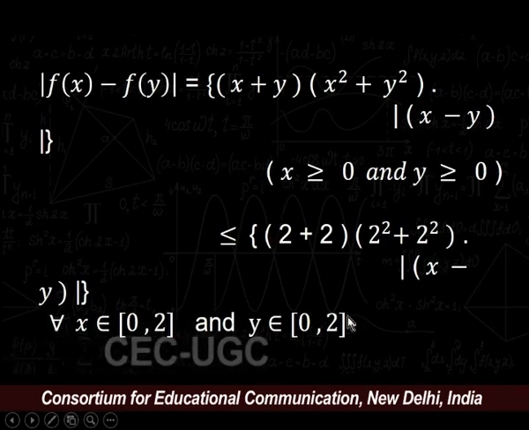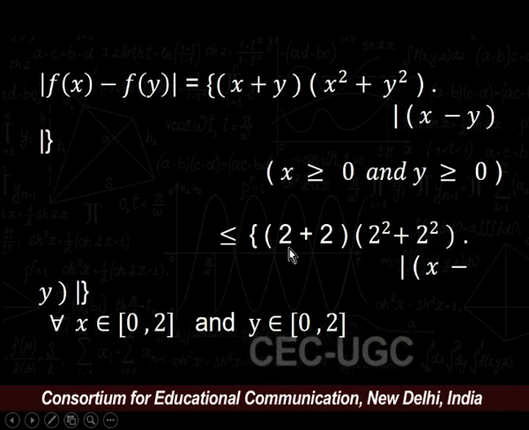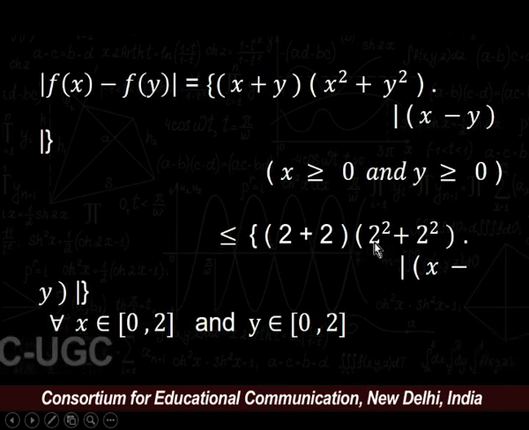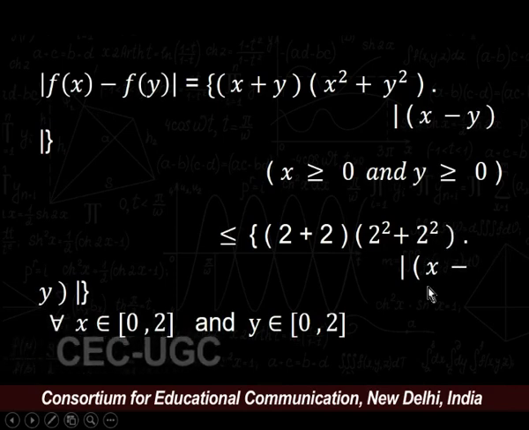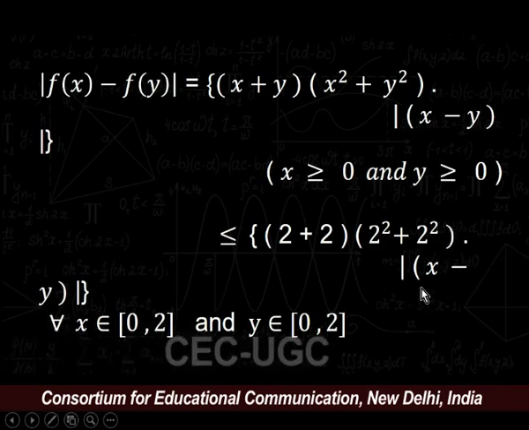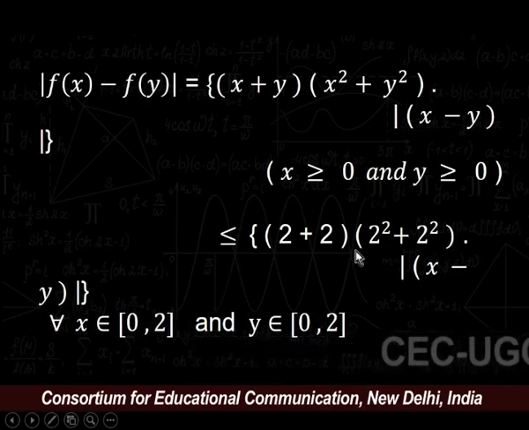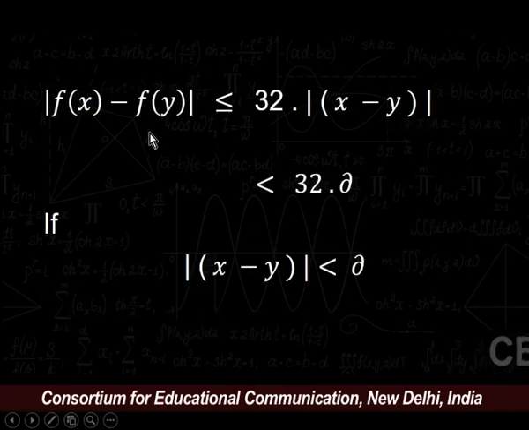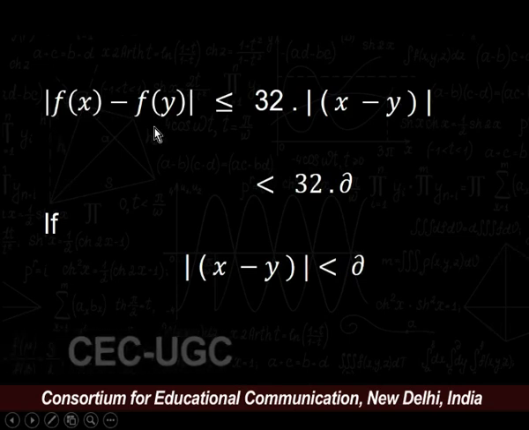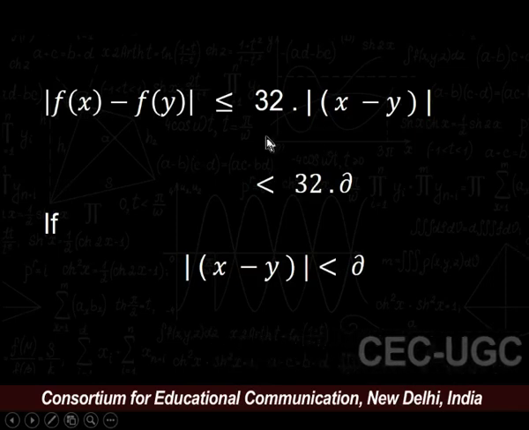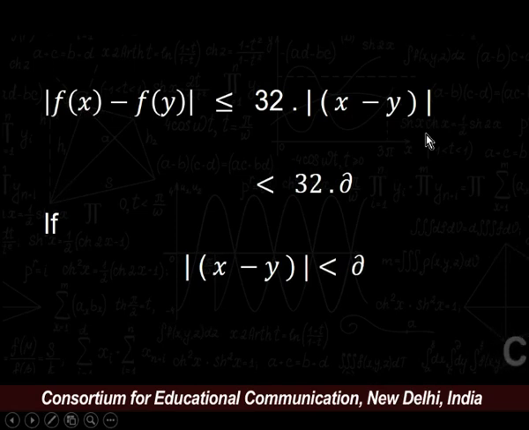So, if we substitute these values here, we get |f(x) - f(y)| < (2 + 2)(2^2 + 2^2)|x - y|. After calculating these values, we get the next inequality: |f(x) - f(y)| is less than or equal to 32|x - y|.